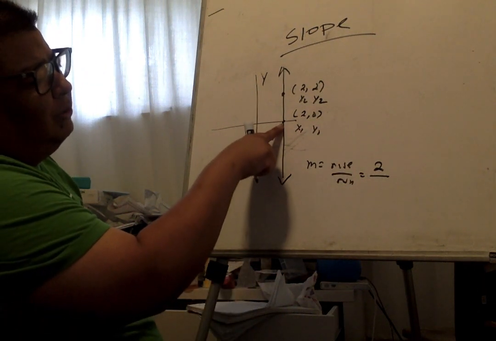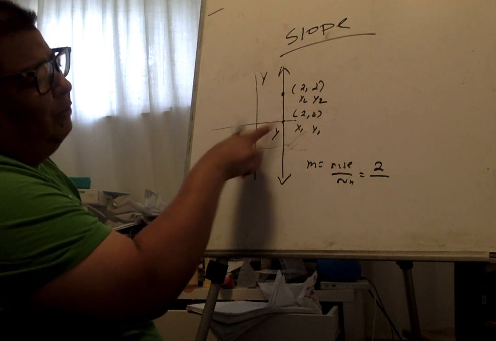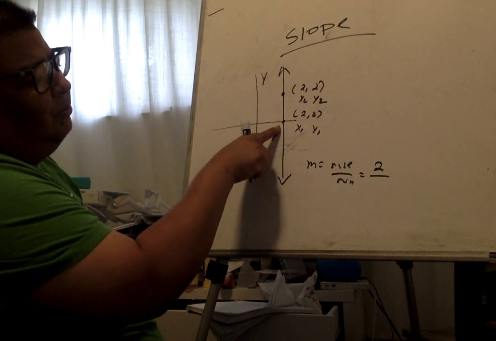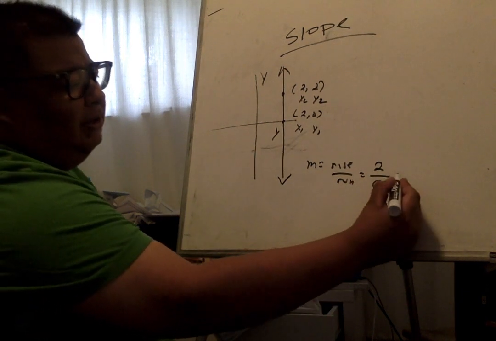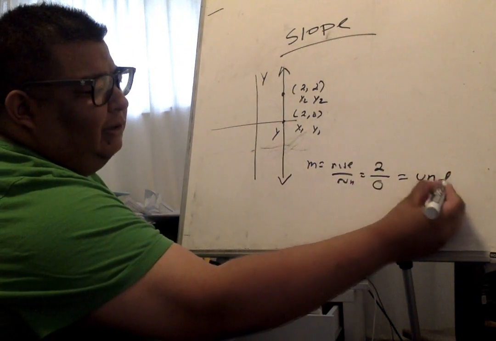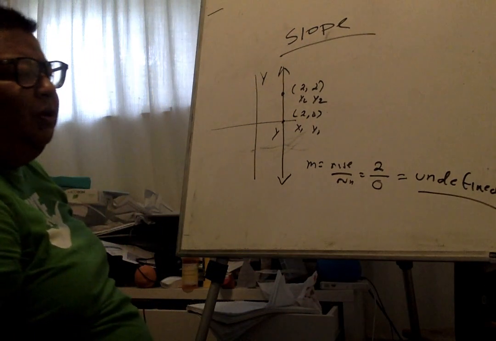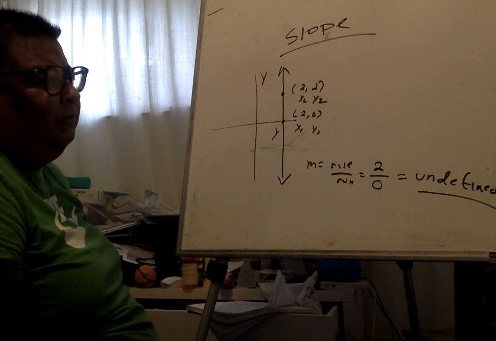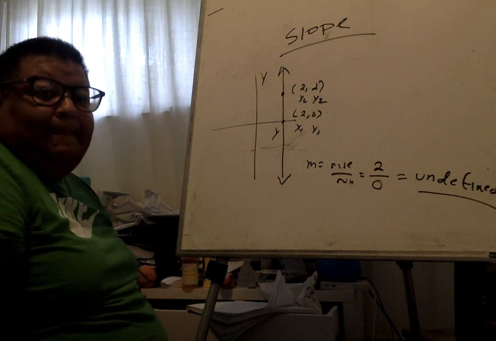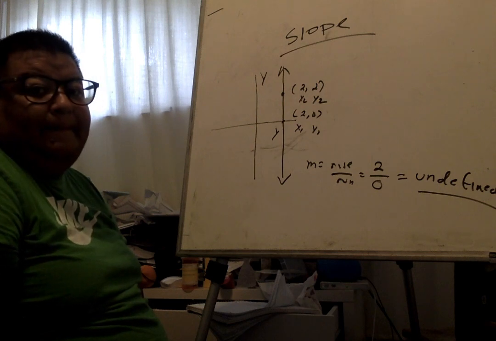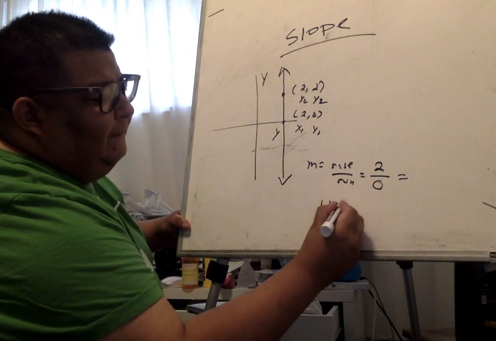The run always stays at the same place because we don't go to the left or to the right. So that means that the run is 0. Whenever we have a quantity over 0, it's called undefined. That means that it doesn't exist. So the slope is undefined.